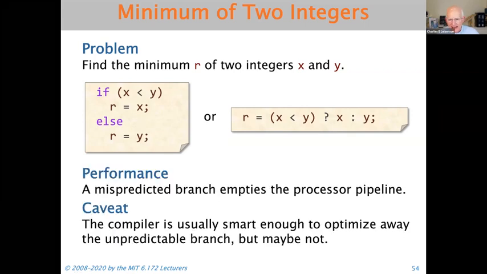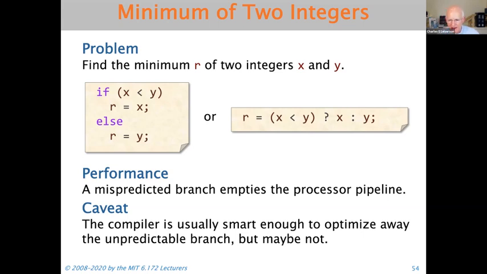Okay? And here's why. The reason is that a modern processor has a deep pipeline, typically over a dozen stages, that it needs to fill in order to approach peak performance. So the processor tries to predict the path that the control flow in the instruction stream will follow, and it starts executing so-called speculatively along that path.